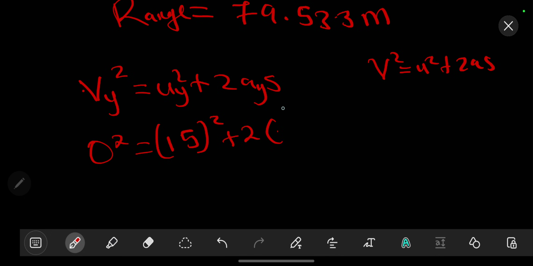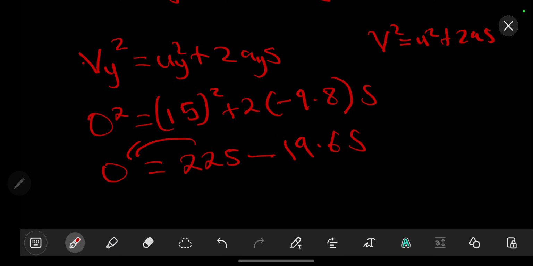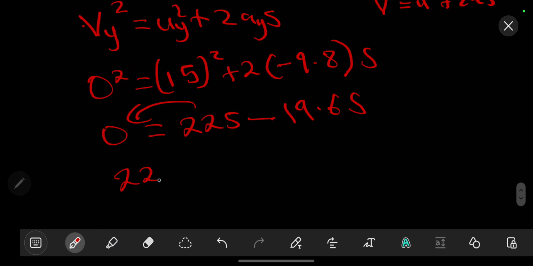Our acceleration due to gravity is equal to negative 9.8. Then we have our s. So we are going to have 0, and 15 squared gives us 225. Then minus 9.8 by 2 gives us 19.6 s. We take the 225 across, so we have negative 225 equal to negative 19.6 s.